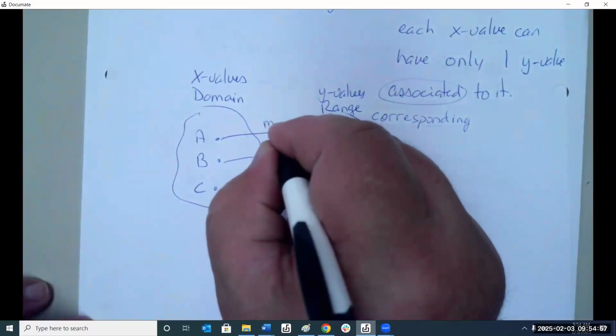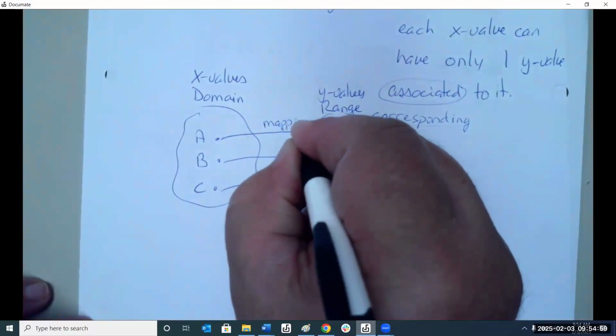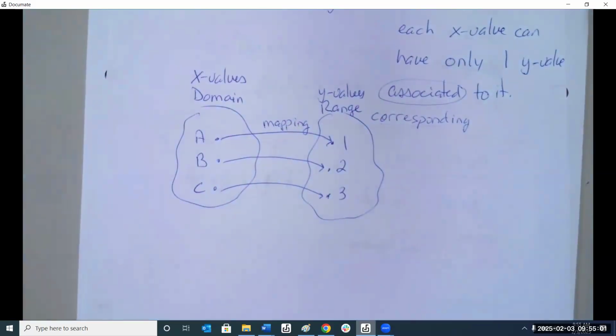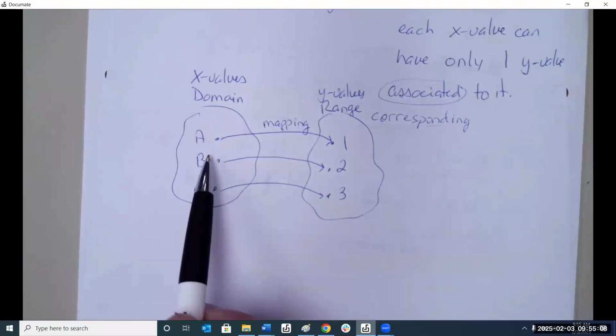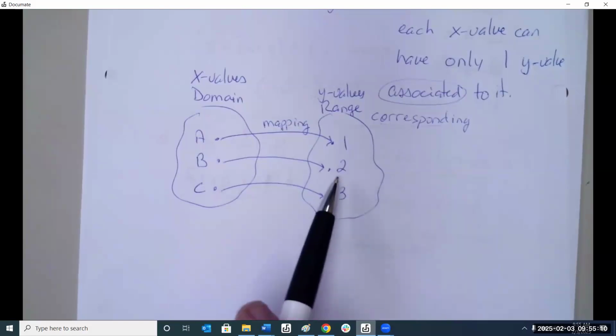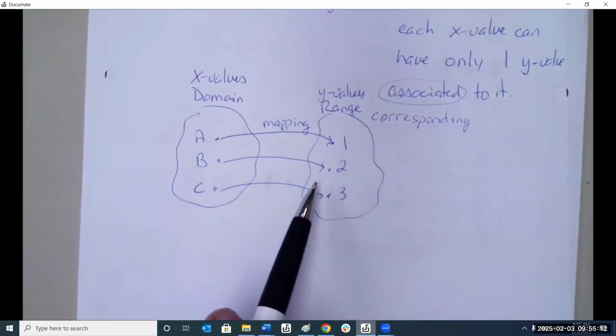We call this a mapping. Is that a one-to-one correspondence? Does each member of the X value map to one and only one member in the Y value? Yes.